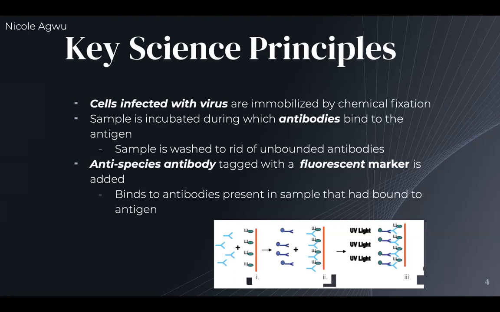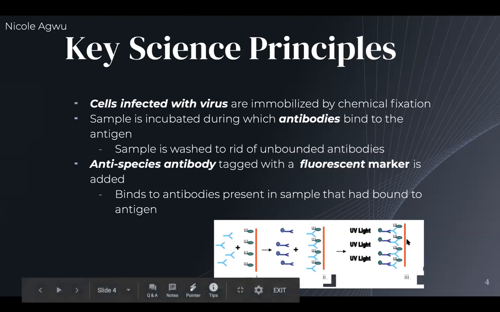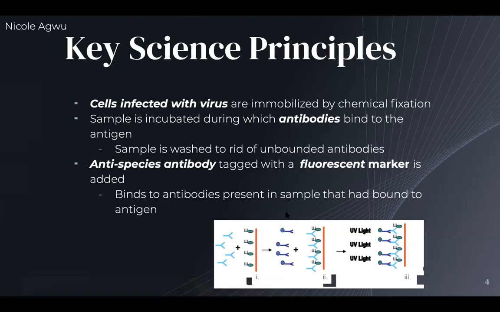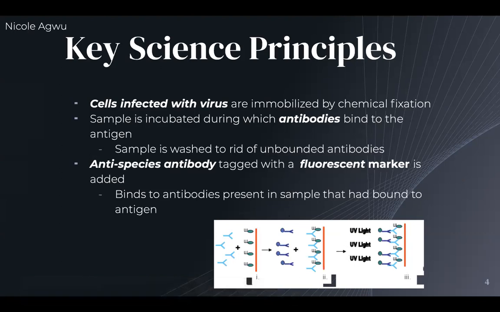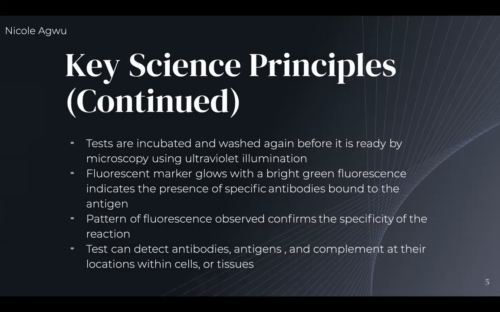As you can see in the picture below, you have the primary antibody that binds to the virus, and then it's washed. Then you have the second antibody that's tagged with the fluorescent marker bind to that component. And then that can show under UV light. So after the second antibody is bound to the virus and the primary antibody, it's washed one more time before it's ready to be examined using ultraviolet illumination.